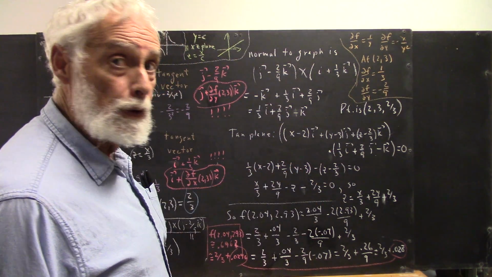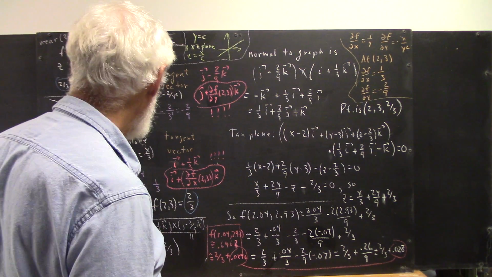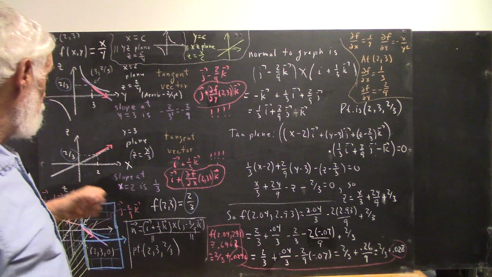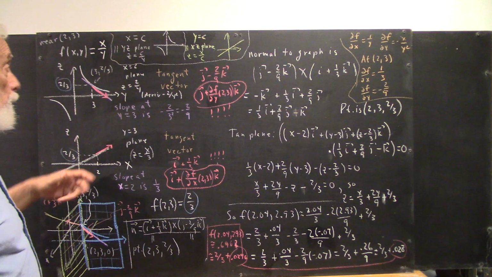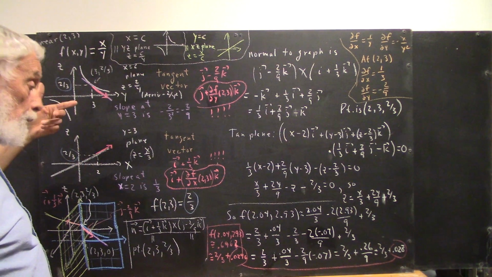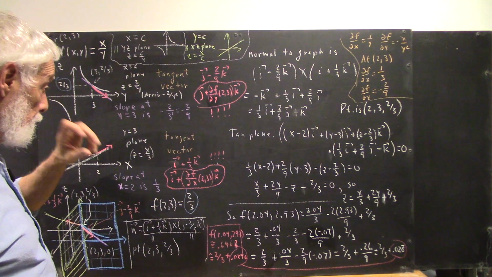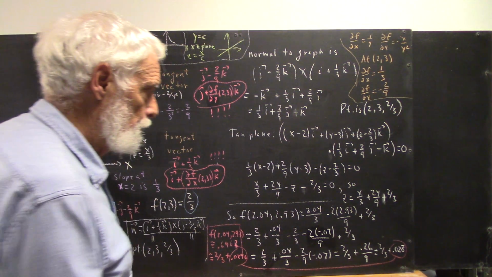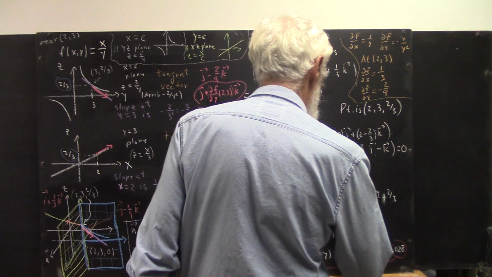Now, why is this important? Well, it's very important because the tangent plane gives you an approximation to the values of this function close to the point 2, 3, where x equals 2, y equals 3. Why is that important? Well, you're going to have to do some examples to see it.